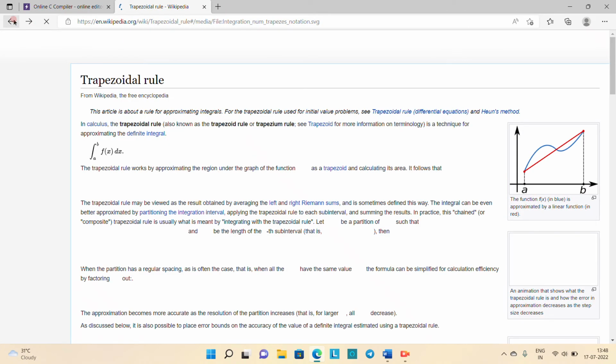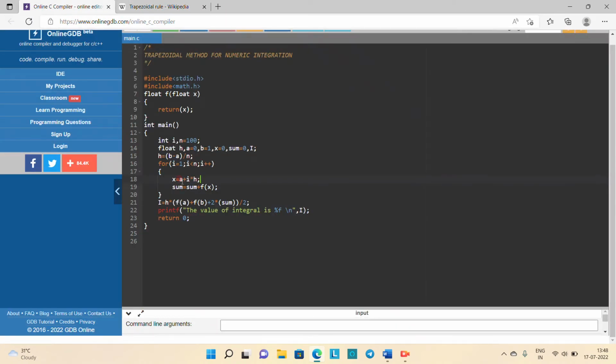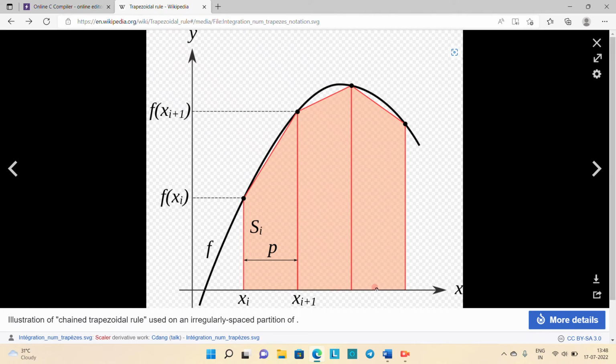So this x will be a, the lower limit, plus I into h, where the I value ranges from 1 to n minus 1. Slowly we move ahead, to x2, x3, so the I value becomes 3, and 3 into h, so x0 plus 3h, we will reach x3.